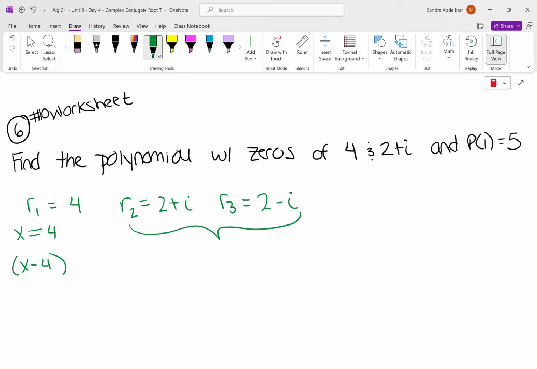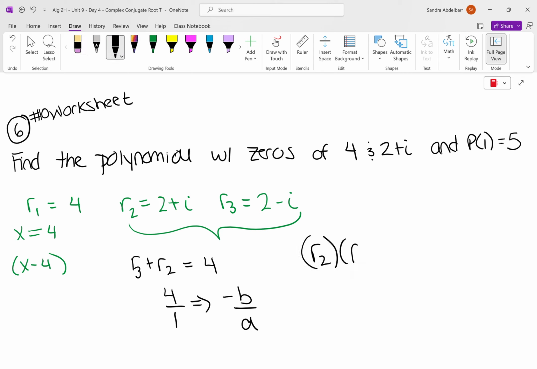And then I'm going to find the factor that gave me root 2 and 3. How do you think I'm going to recommend we find the factor that gave us root 2 and root 3? Sum and product. So we are going to get R1 plus R2 is equal to 4. So 4 over 1 is equal to negative b over a.